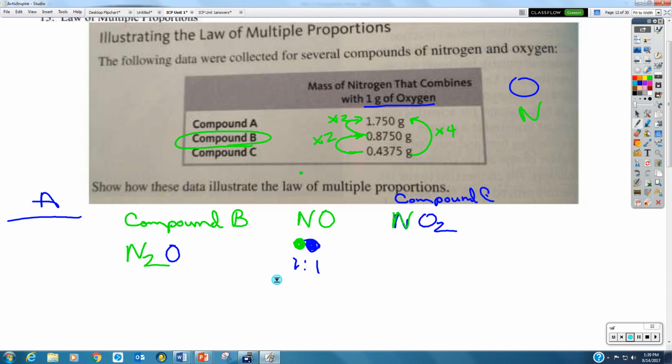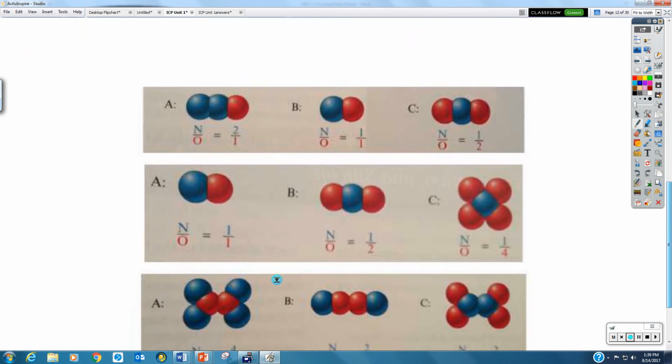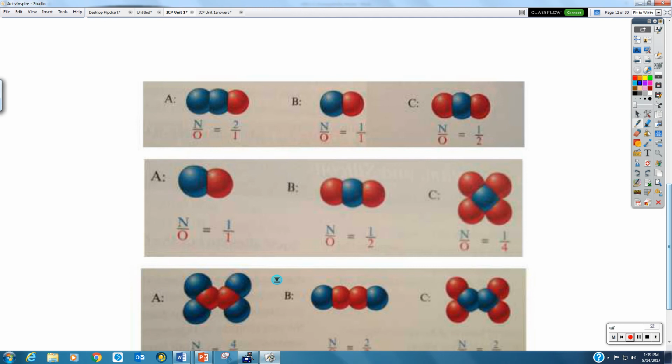If you look down further at the drawings that we have down here, the one that we just did was this one. Based on the information that we had, if we said that B was the 1-to-1 relationship, that means that A is going to have 2 to 1, and C is going to have 1 to 2.